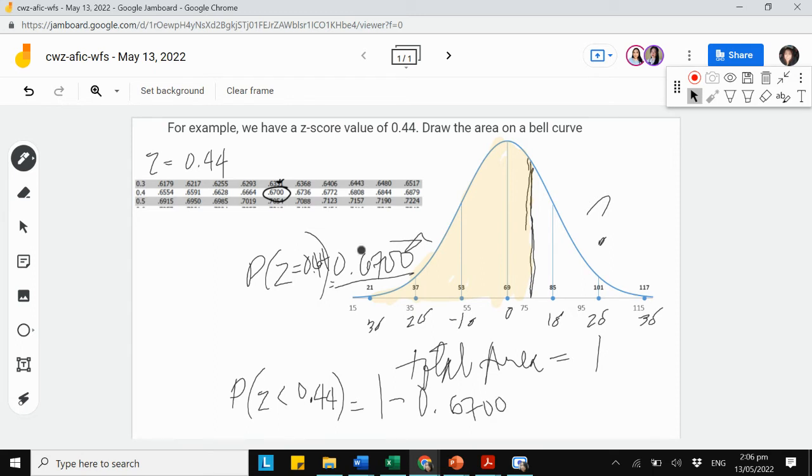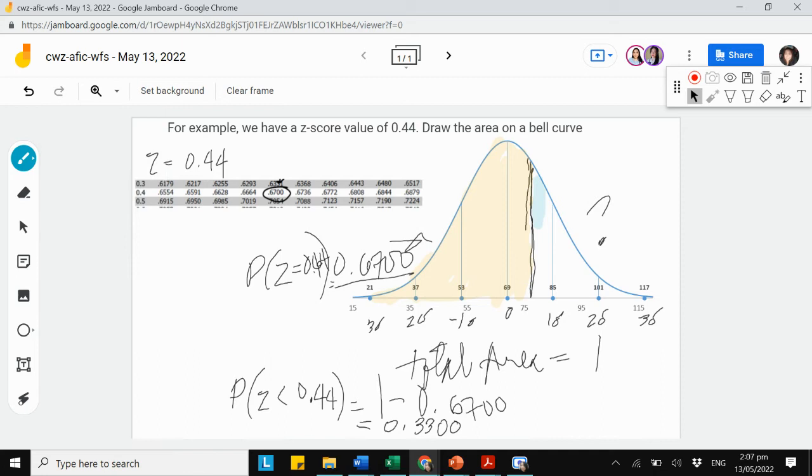What is our answer? Guys, what is our answer? 0.33, okay. So that is 0.33, let's add two zeros. So this area is 0.33.